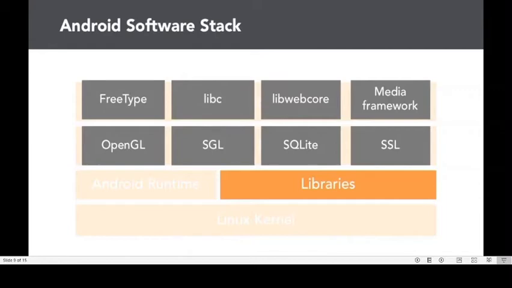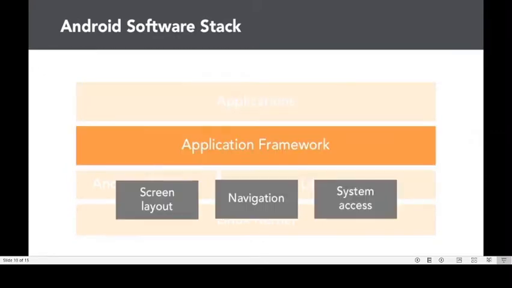Now, to compile an Android app, you use a compiler that is included in the Android SDK, and then you include libraries that are included in the SDK as well. In addition to custom code, these libraries manage all sorts of features of Android including graphics, database, encryption, type interface, and so on. On the next level, you find the application framework.